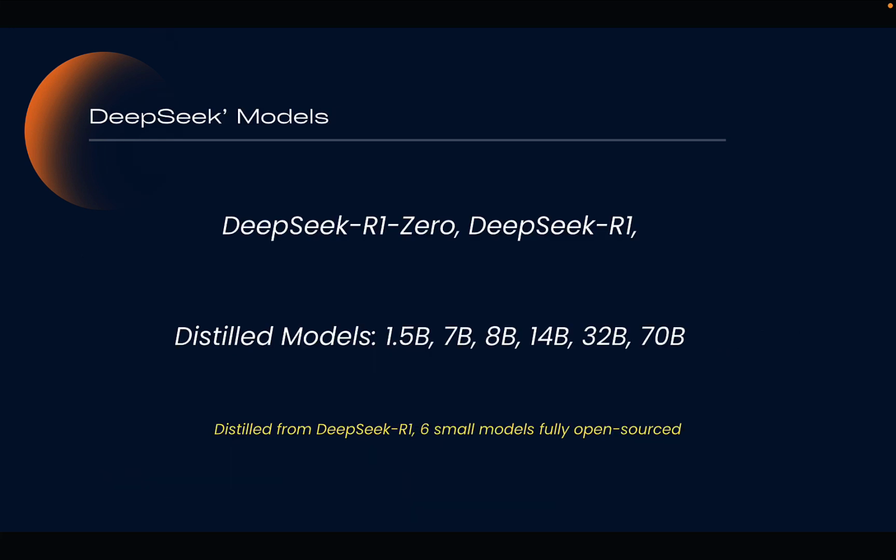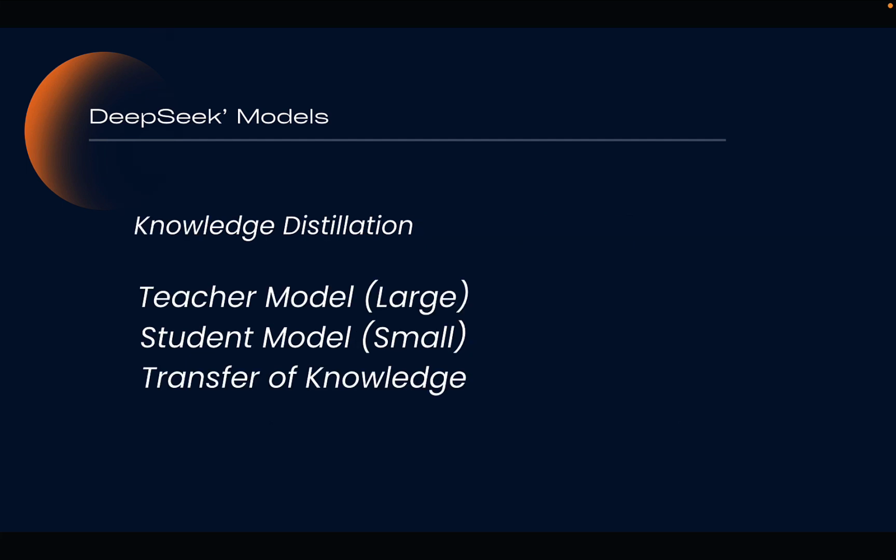DeepSeek has open sourced several advanced AI models, including DeepSeek R1 and others like six distill models, which range from a 1.5 billion parameter model to a 70 billion parameter model. And you may ask, what are the distill models, right? The distill models are streamlined versions of larger AI models, and they are created through a process called knowledge distillation.